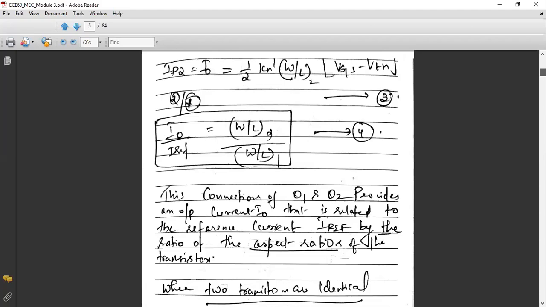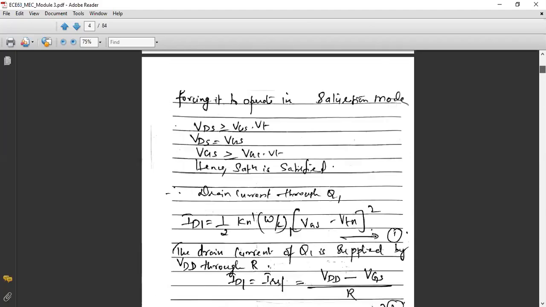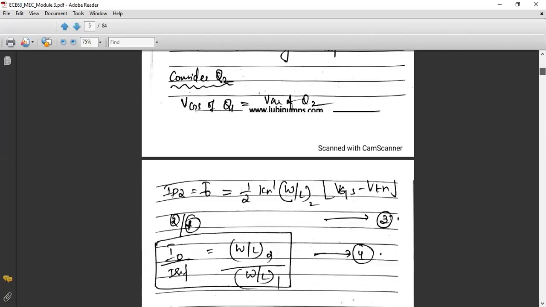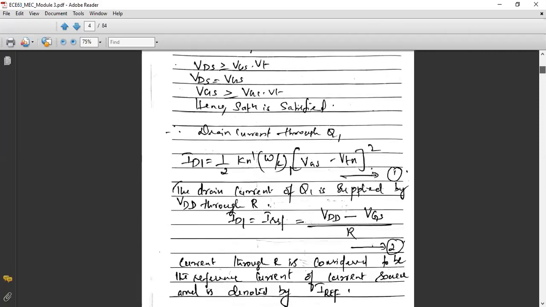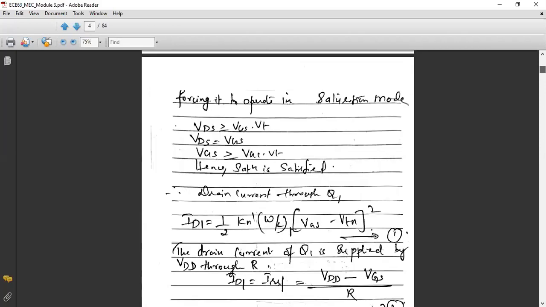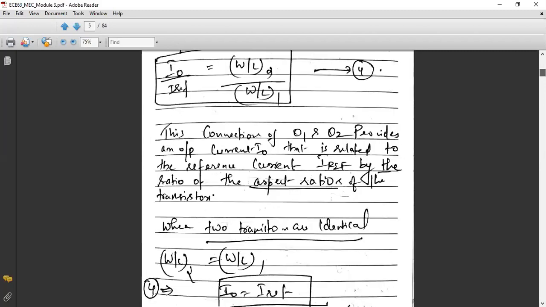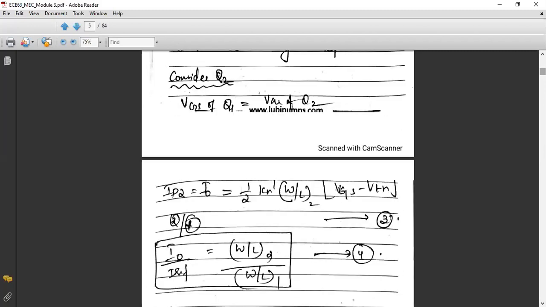Therefore, when you divide these two, that is equation number 3 divided by equation number 1, half Kn dash is common, which will cancel.